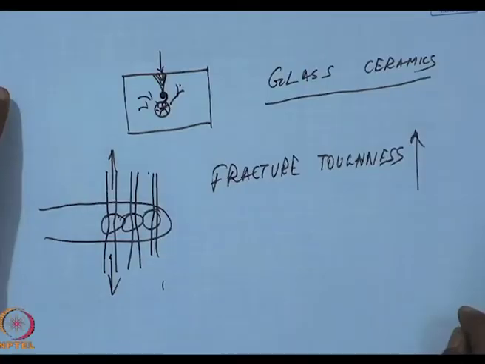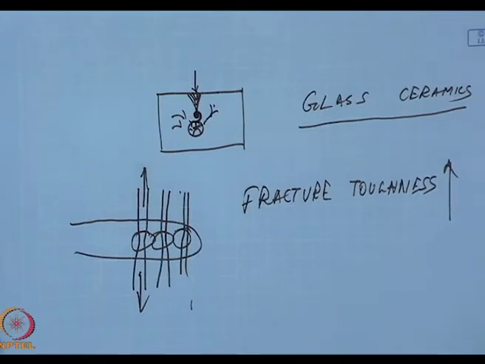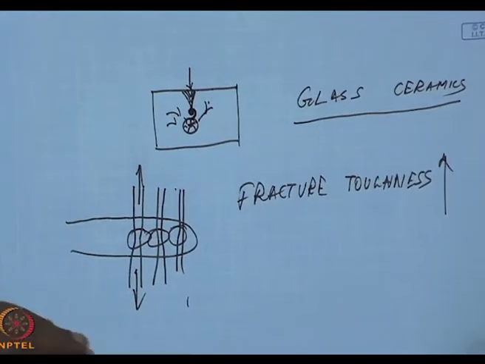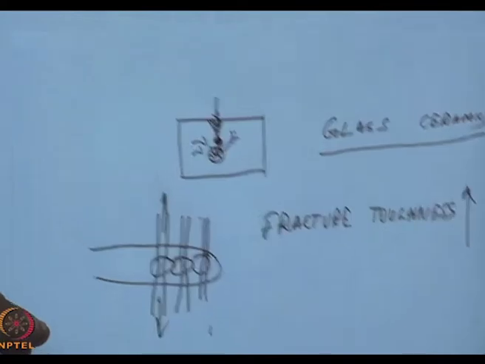Pulling out means the fiber has to debond from the matrix, for which energy is again needed, and this requires more force to debond the fibers from the matrix so that a pull out happens. And this pull out mechanism is one of the reasons of strengthening of most of the fiber reinforced ceramics.